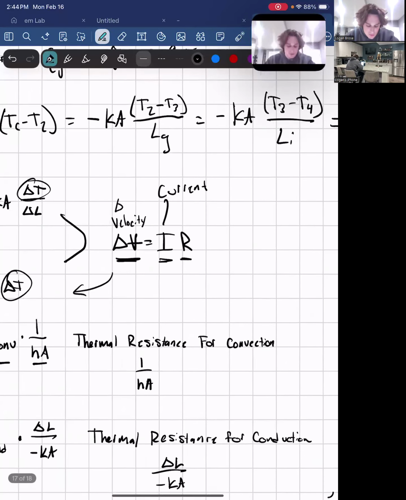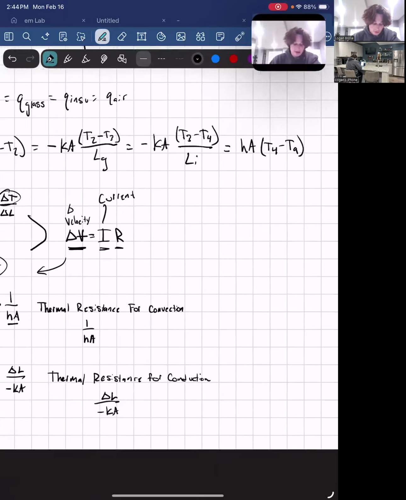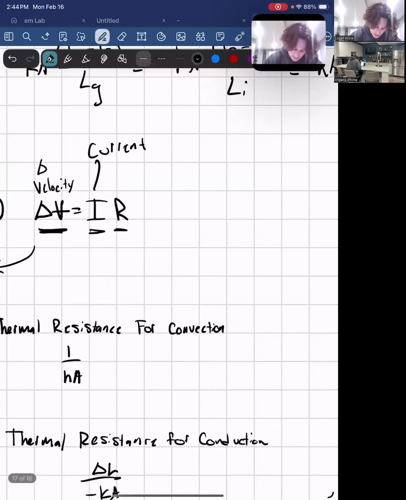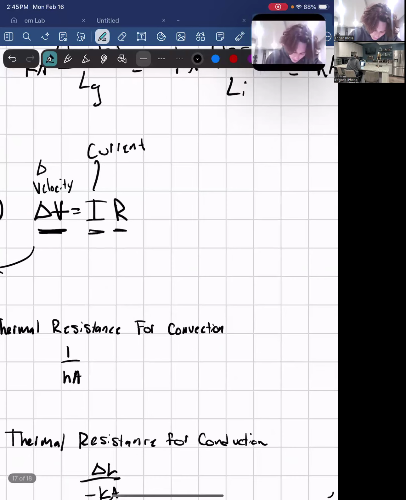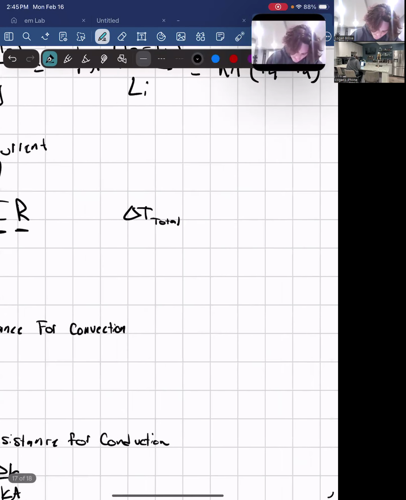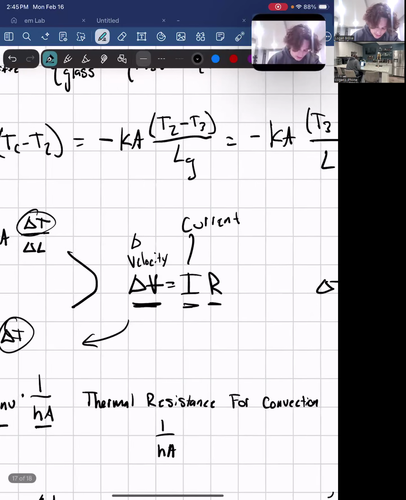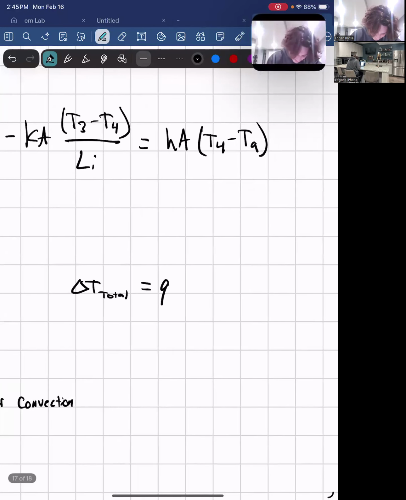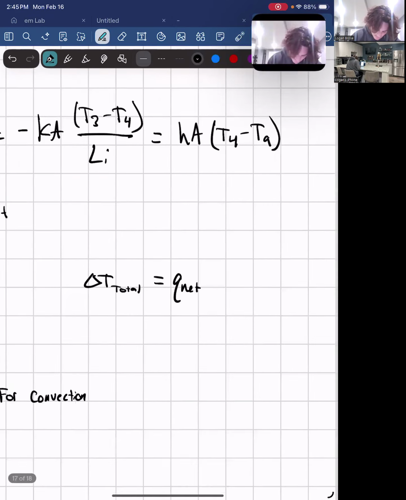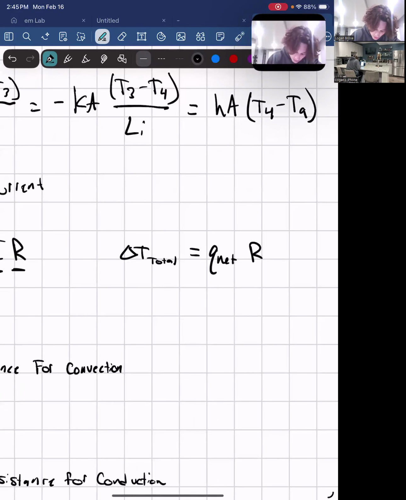And so if we're looking at our total, here it would be our total temperature change, right? And then I is Q, like we established in both of these equations. So this is our Q net. And then we'll have our R total.